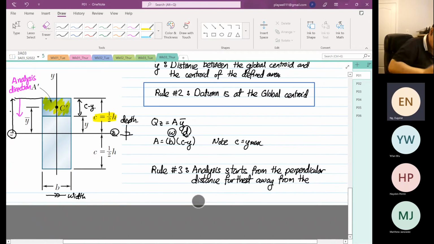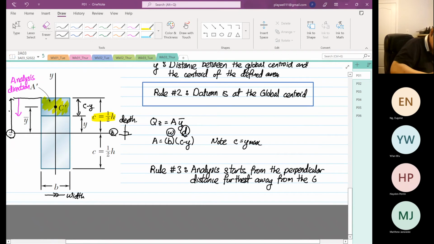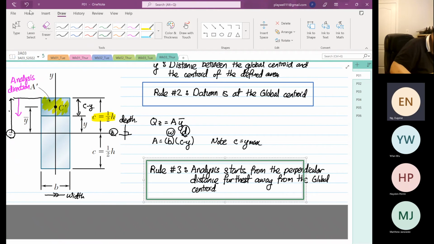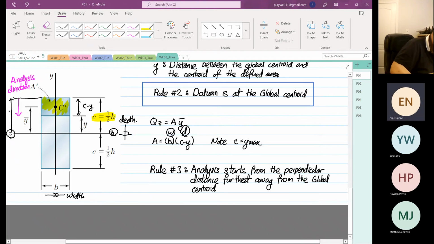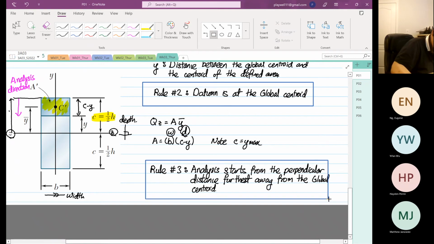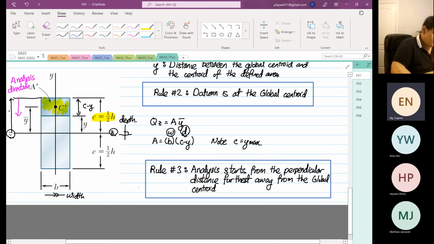Okay, from the global centroid. So this becomes our rule number 3. Oops, sorry. Okay, our rule number 3.